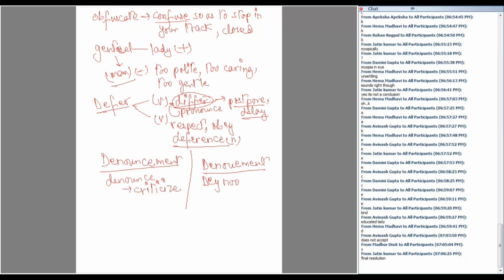What is denouement? Denouement is the climax, the conclusion, the final. It is the end in which whatever intricacies were there are all solved. You come to know all the secrets that were hidden. Such a climax, such a conclusion is called denouement.